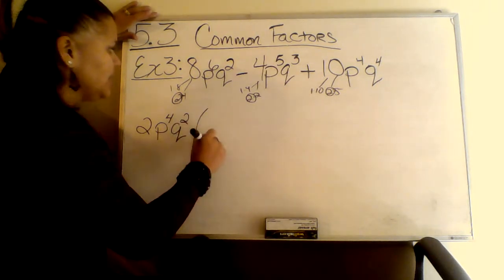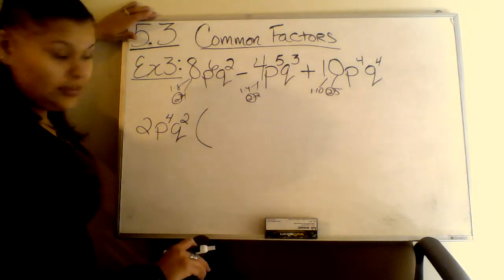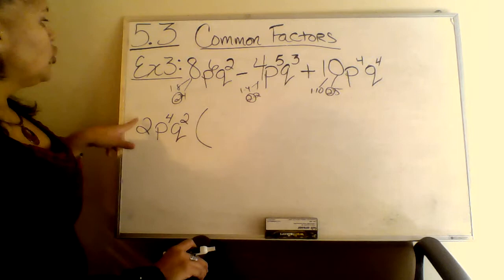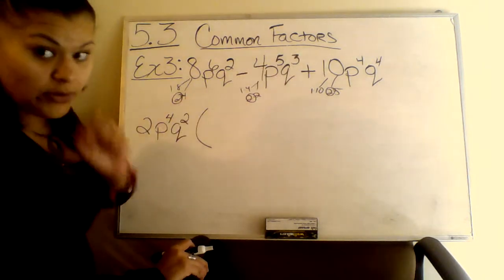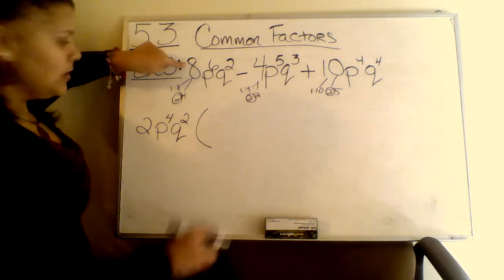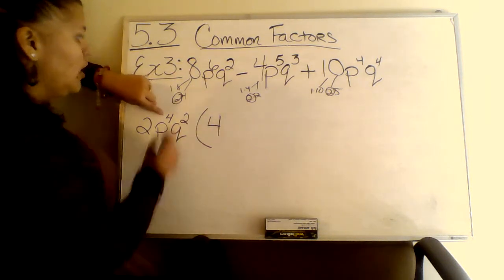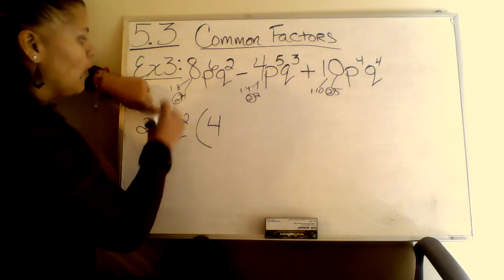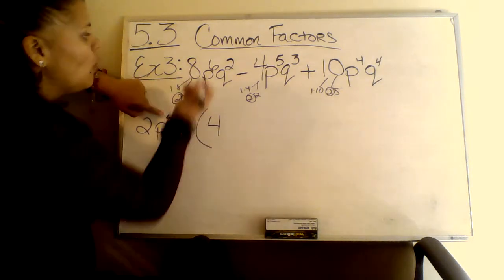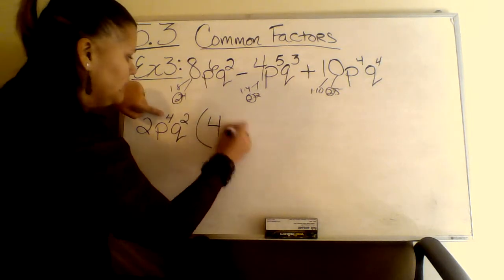So now inside the parentheses, we write down what we have left. For the numbers, 2 times something gives you that 8. That was the 4. Now I took 4 of those P's, so P to the 4th plus how many more P's will give you 6? 4 plus 2.